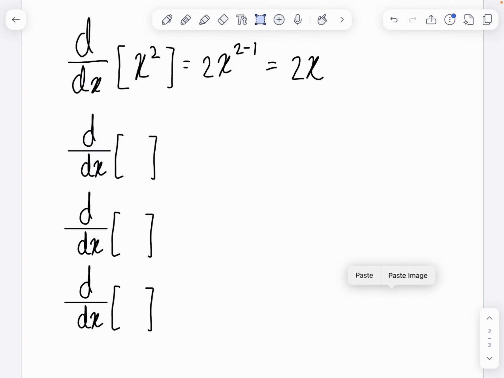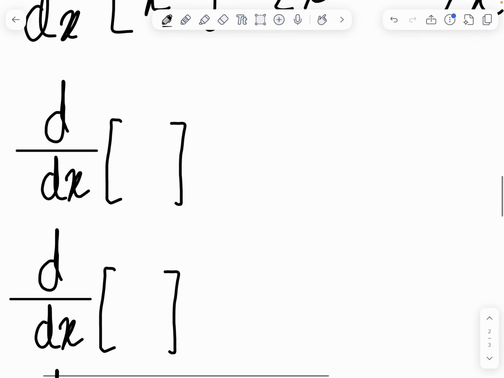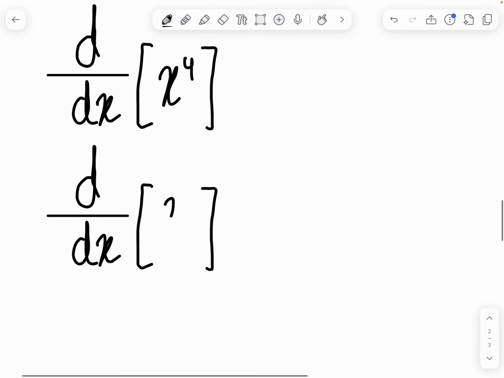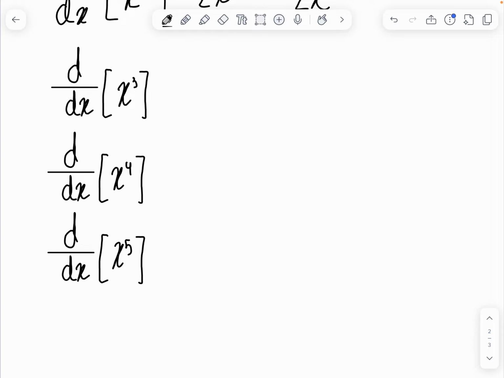Okay, what is the derivative of x cubed, x to the power 4, and x to the power of 5? Okay, so take a minute and pause the video and find those out.